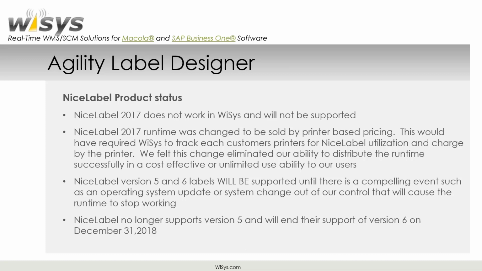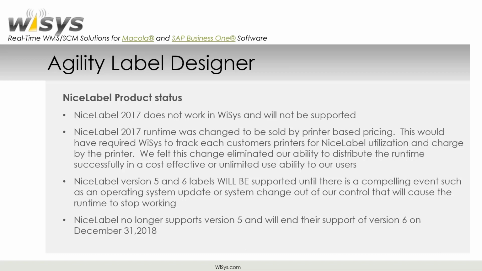As far as the NiceLabel product goes, NiceLabel version 5 and NiceLabel version 6, the runtimes will be supported for as long as we can possibly support those, which means that there needs to be a compelling event, maybe such as an operating system update or some kind of change that is out of our control that makes the runtime stop working.